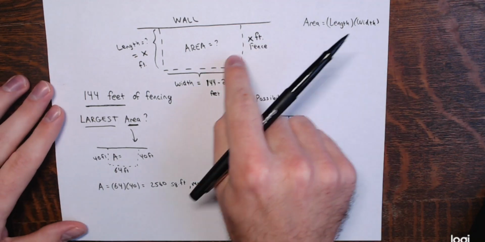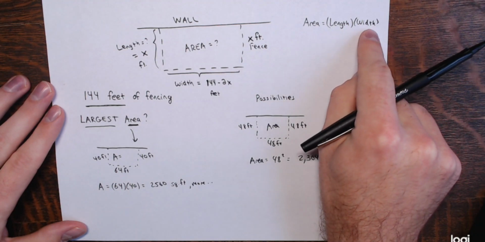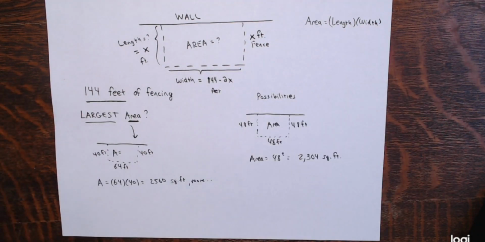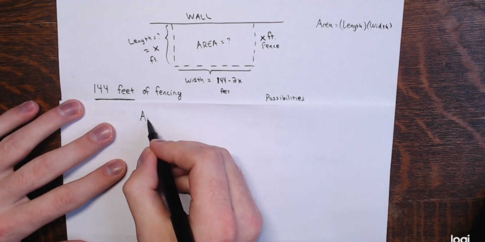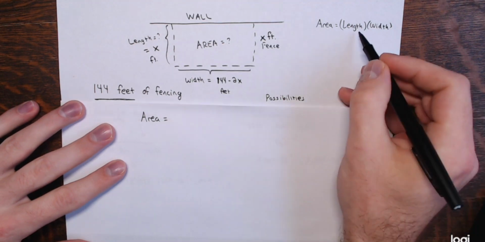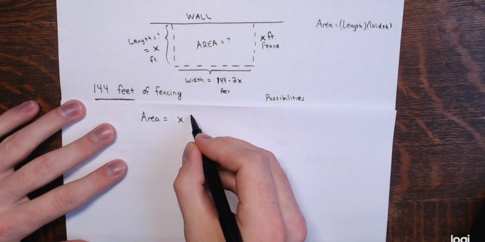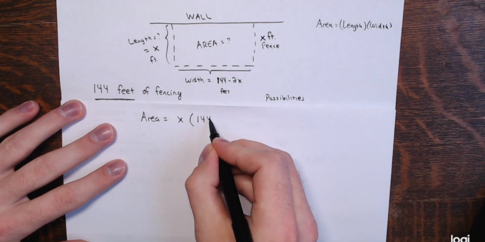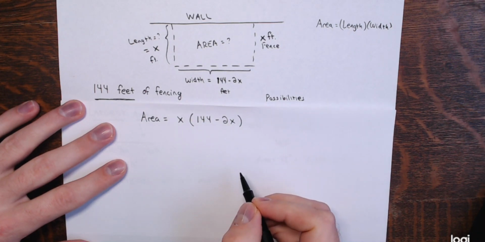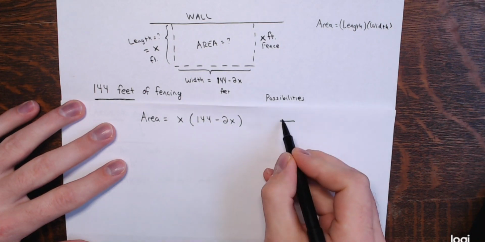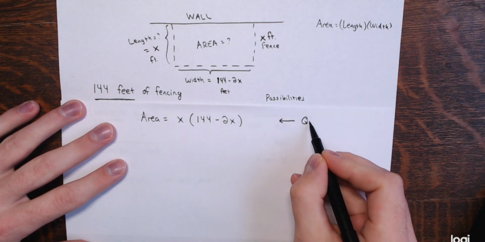So then you see when I put these into my area function, my area formula, we get a quadratic function. Right? So the area is, length times width, is x times 144 minus 2x square feet. And this is actually a quadratic function in x.